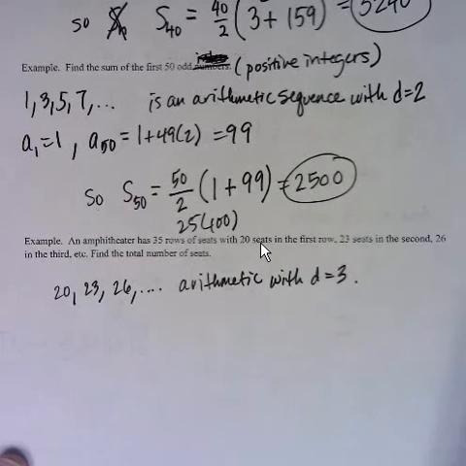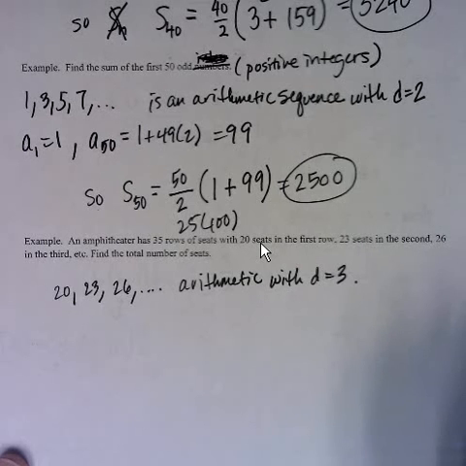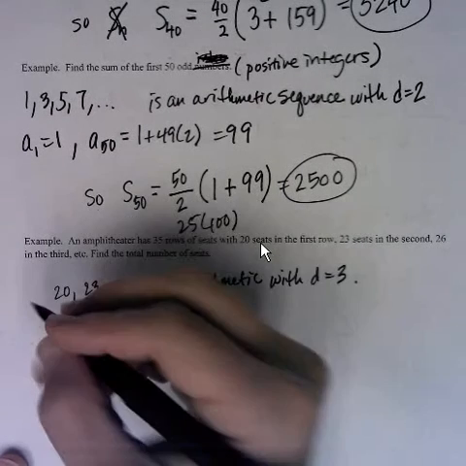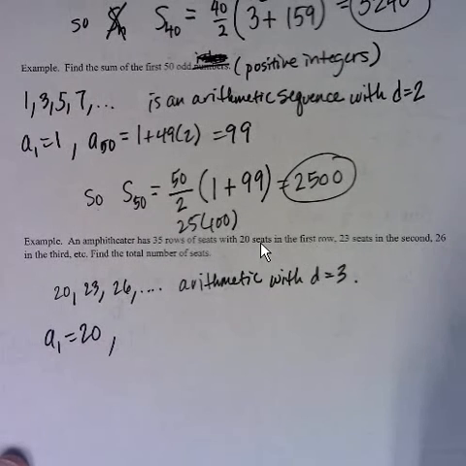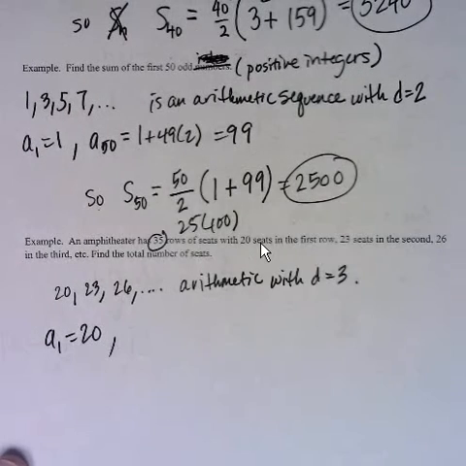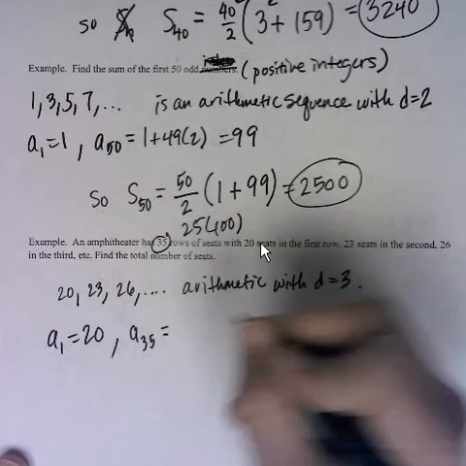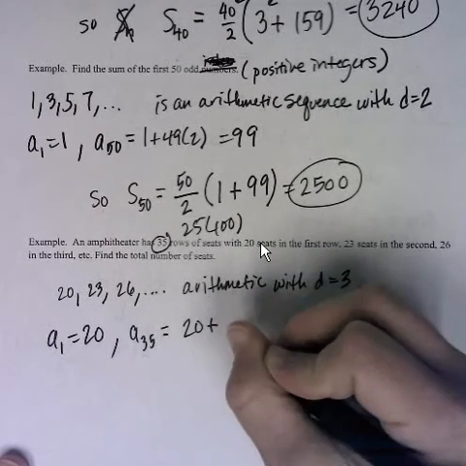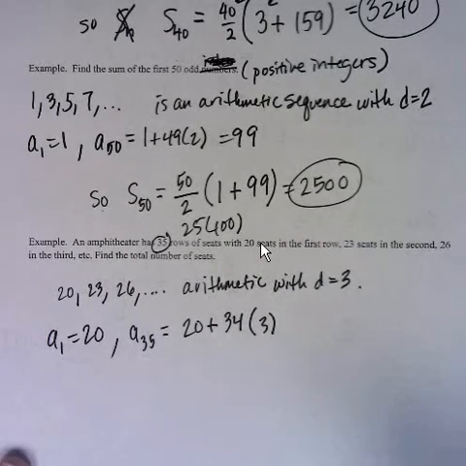And the first term is 20. A sub 1 equals 20. There's 35 rows. This is the first row. The 35th row, we would take 20 plus 34 times d, which is 3. So this is n minus 1.